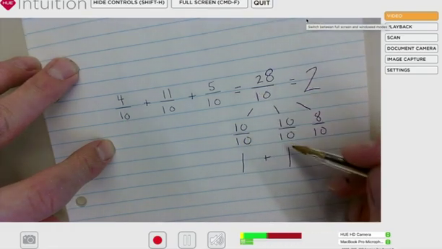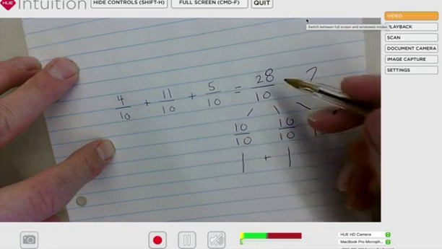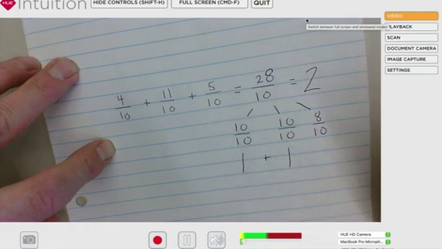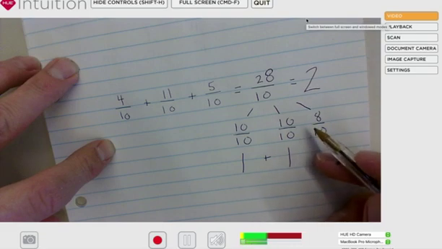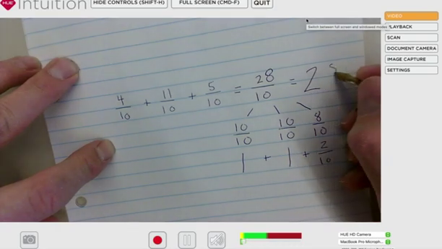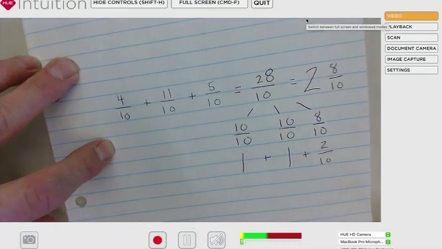So yes, it is possible to decompose into a few. Okay, and yes, I actually want you to write this down, because now we've got a 1, and the leftover bits are 8/10. So the final answer will be 2 and 8/10.